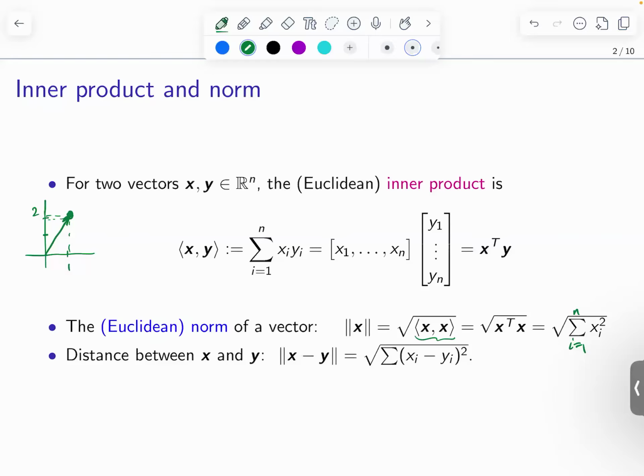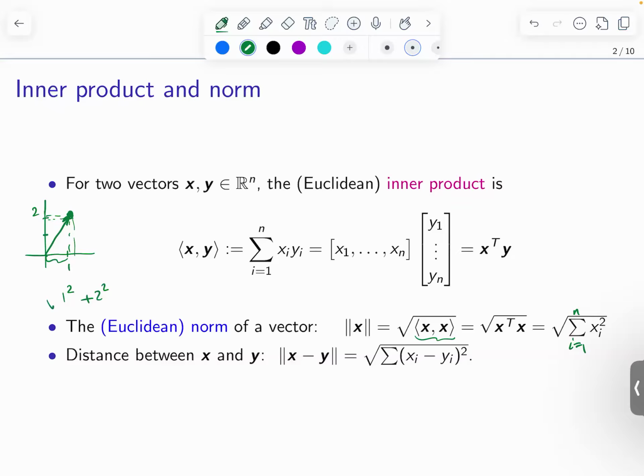Anyone? Is it norm? It's the norm, yeah, but if you don't know about the norm, how do you compute it? Just like a triangle, we can think of it as 1 and then 2 here, Pythagorean theorem, right? So what is the length? 1 squared plus 2 squared.